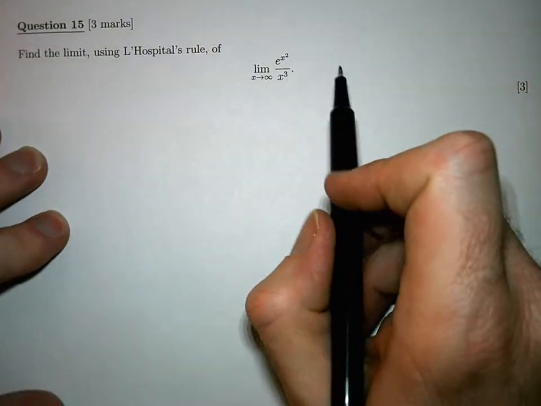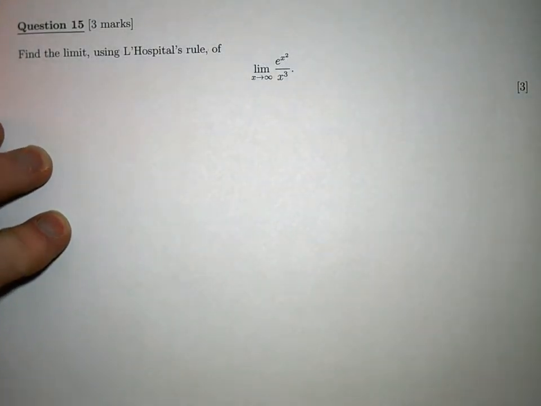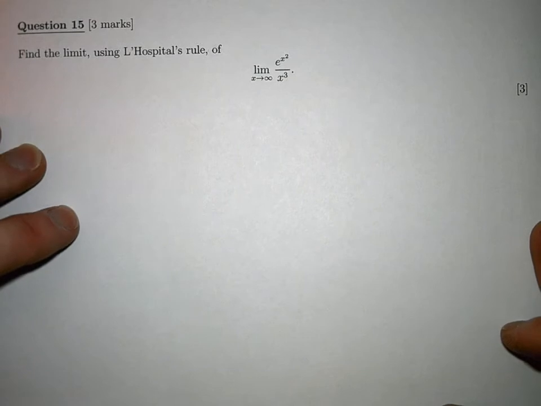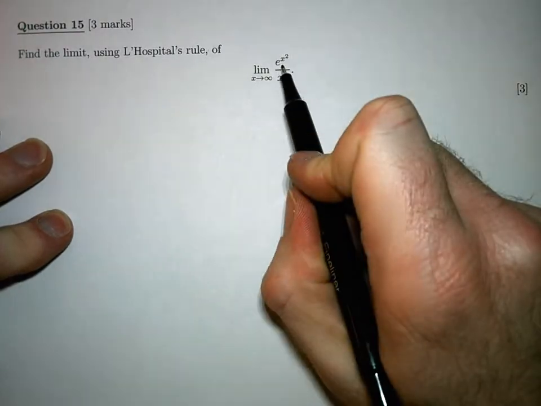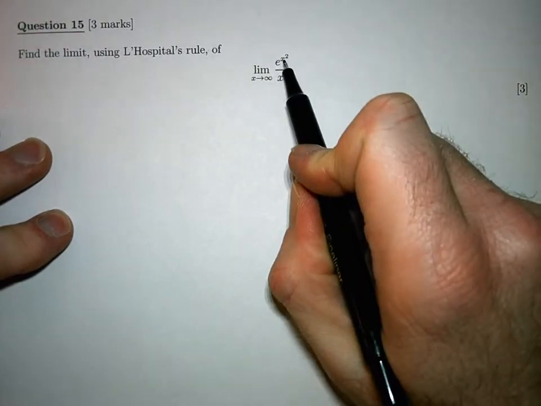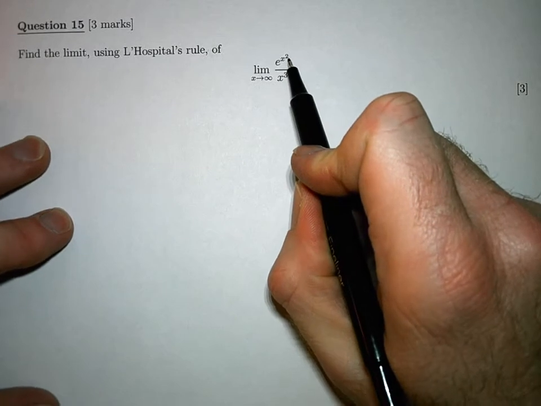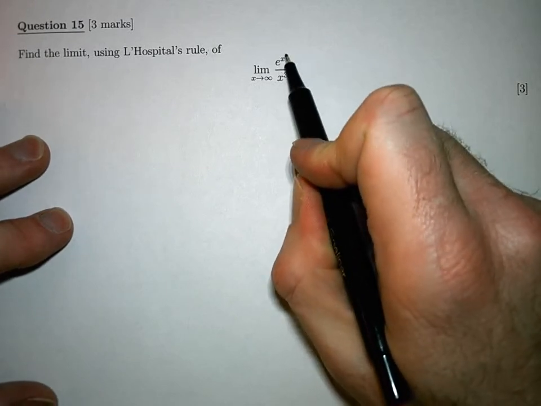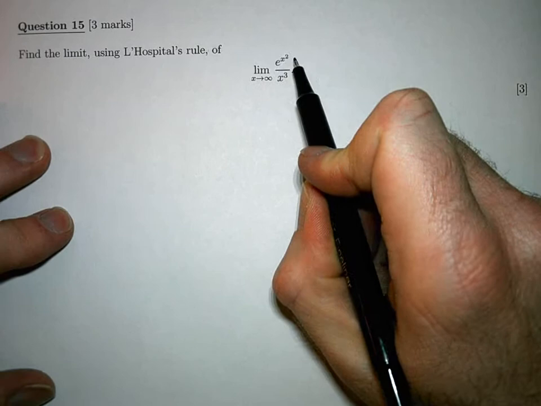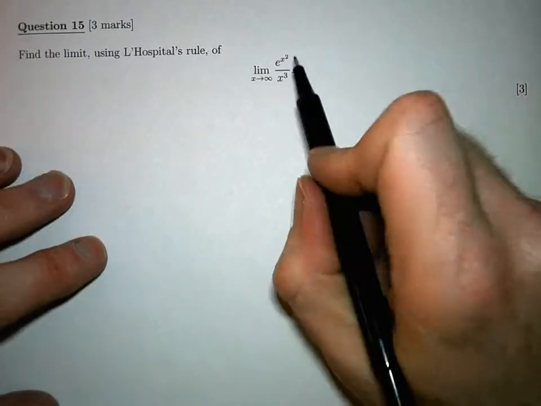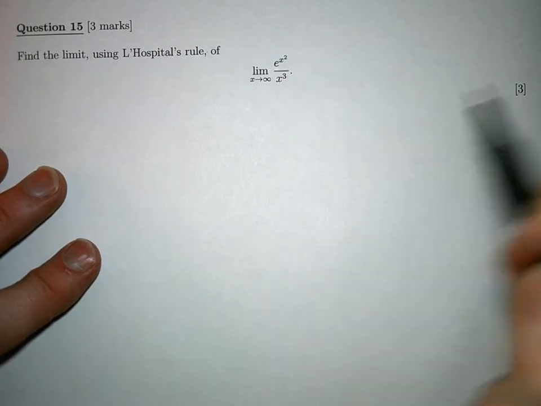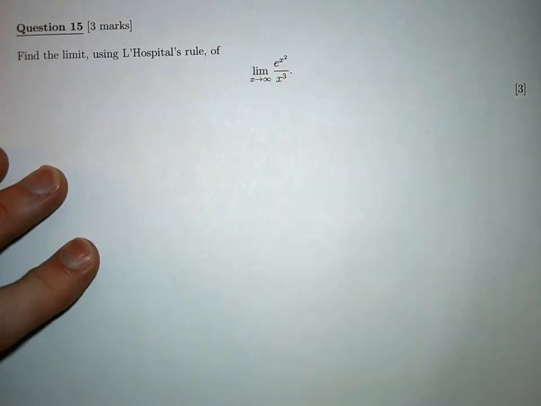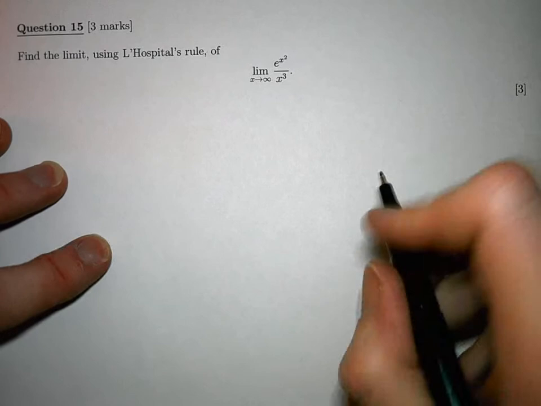The first thing we need to check is whether we can actually use L'Hopital's rule. And before we can use L'Hopital's rule, we need a 0 over 0 or an infinity over infinity, at least the limit of that. So let's just have a look here. X is approaching infinity, so x squared, you've got a really big number multiplied by another really big number, that's going to be even bigger, and when we raise e to the power of that, it's going to blow up extremely fast. So certainly the numerator is approaching infinity as x approaches infinity, and of course x cubed is approaching infinity as x approaches infinity.